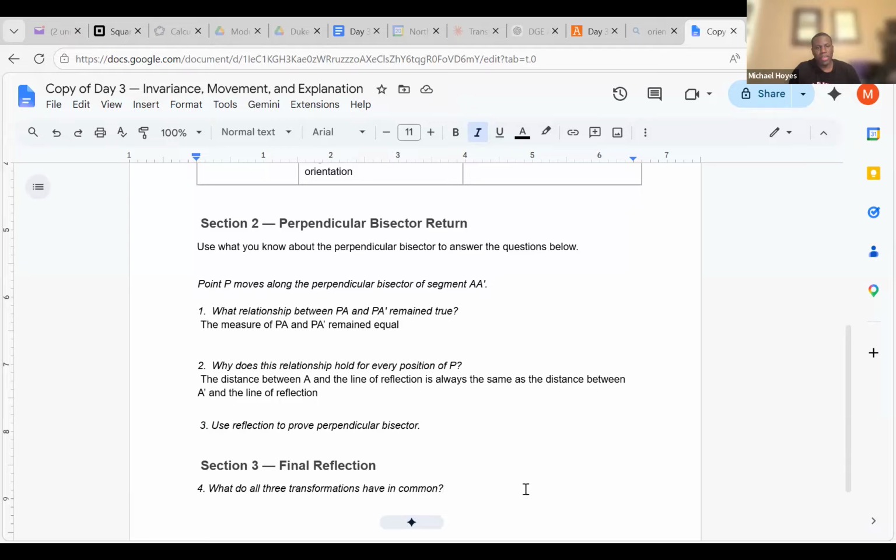I think it's more the idea that reflection preserves distance. Because it preserves distance, the distance from any image and a point on the line of reflection will always be the same, because the distance between them is preserved through reflection. That's just a property of reflection.